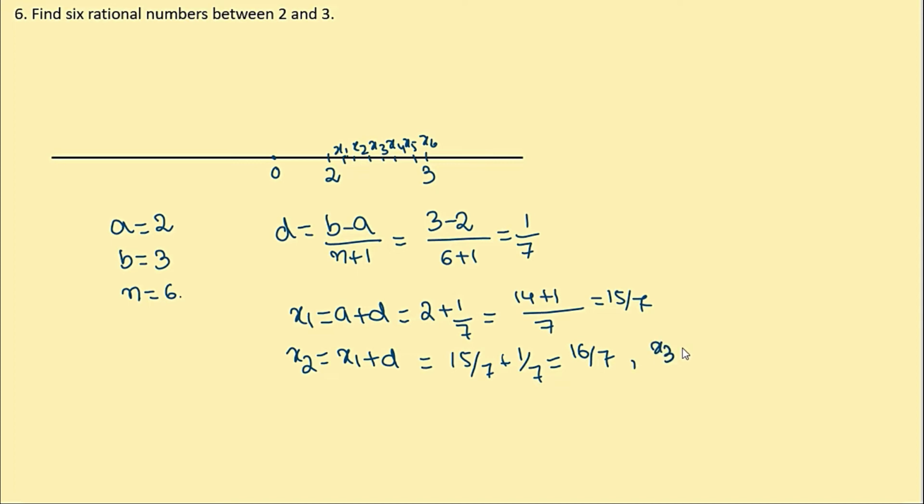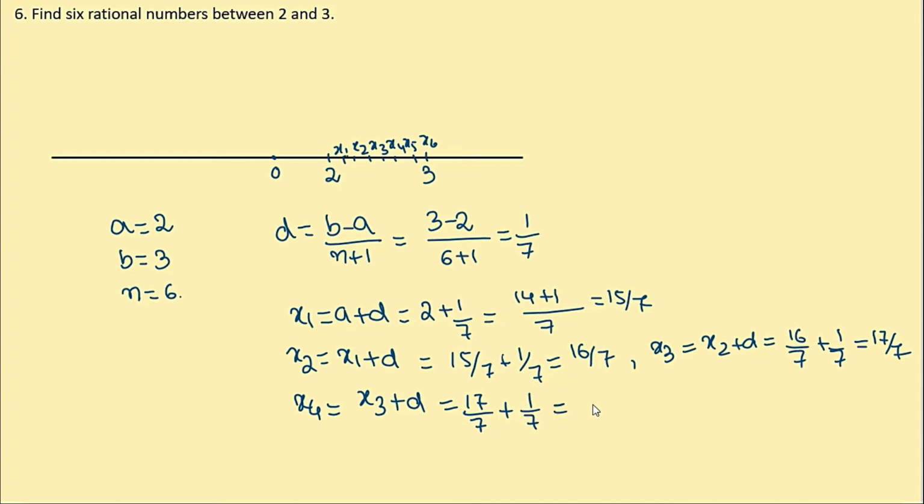X3 is X2 plus D, that is 16 by 7 plus 1 by 7, that is 17 by 7. X4 is X3 plus D, that is 17 by 7 plus 1 by 7, that is 18 by 7.